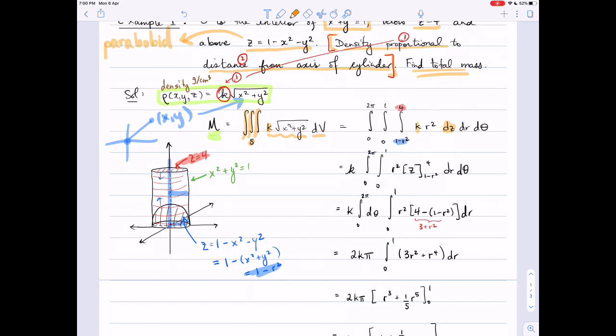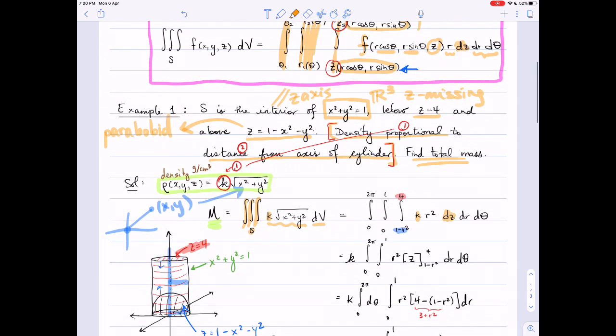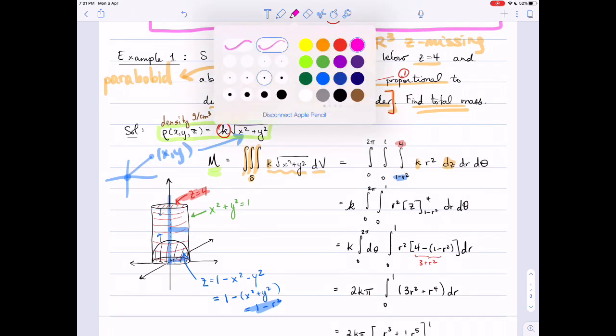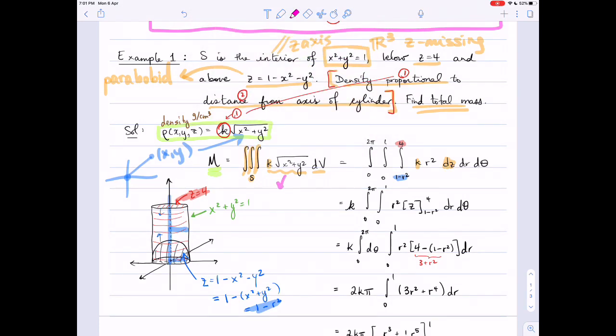Now the k just remains. Next we have to convert our function as well. We keep any z's, but we have to transform the x and the y into polar. There are no z's in this function. So we transform that into polar coordinates, which is the square root of r squared, which is r as long as r is greater than or equal to 0.